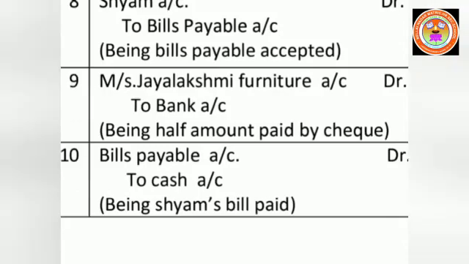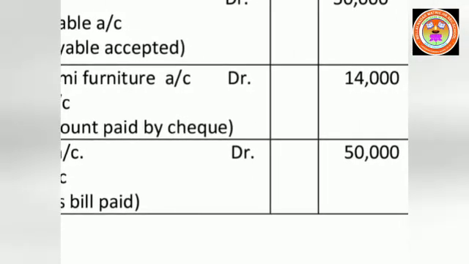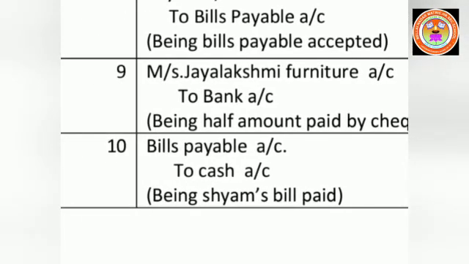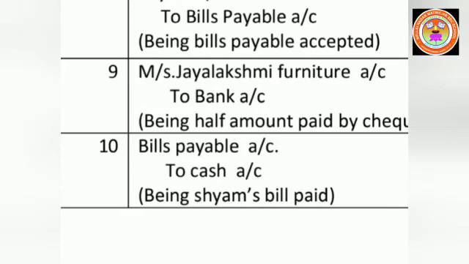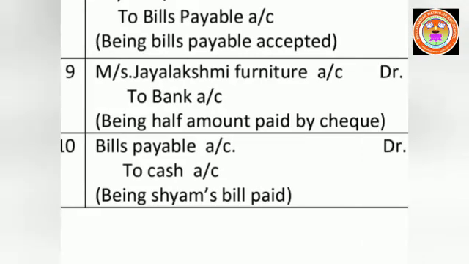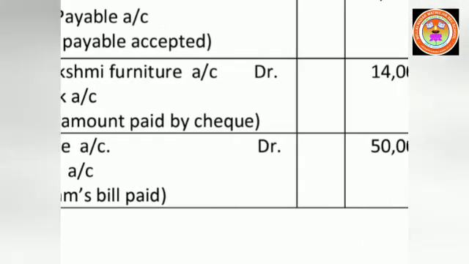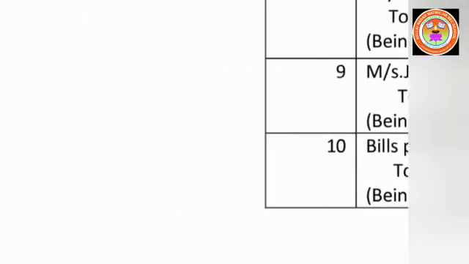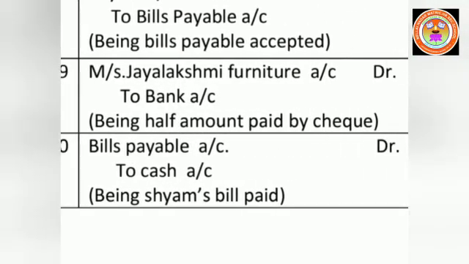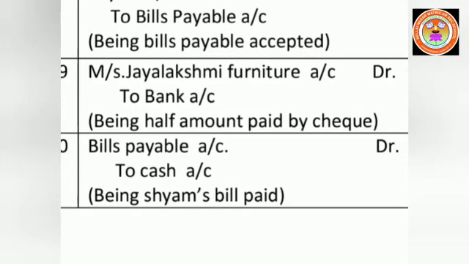Here we are paying the money for bills payable, so bills payable account must be debited. Then cash goes out. According to real account, what goes out? To cash account, 50,000 credit cash account. Then write the narration, being Shyam's bill paid.